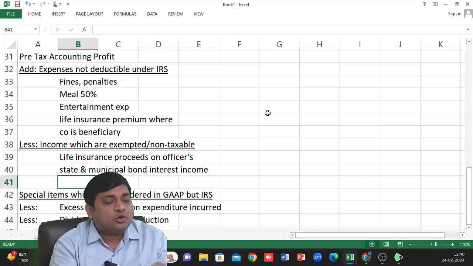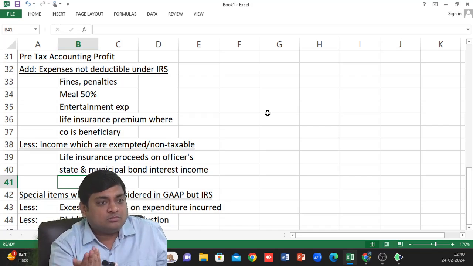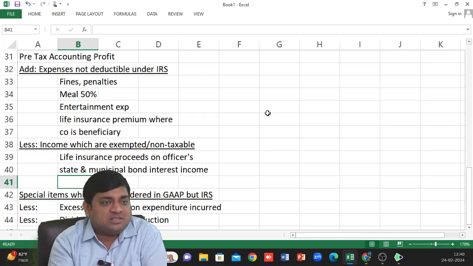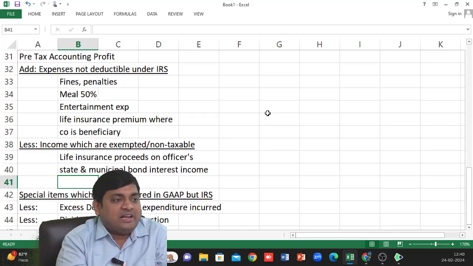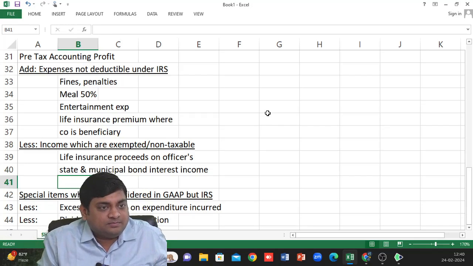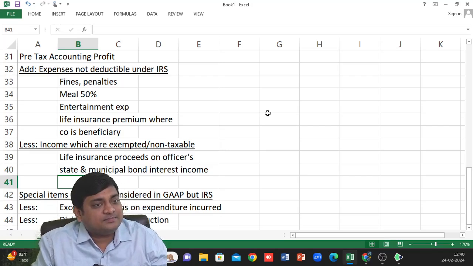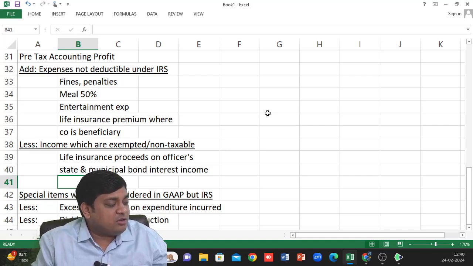Reversal means today not allowed, tomorrow allowed. Today allowed, tomorrow not allowed. This is reversal. Today not taxable, tomorrow taxable. Is it fine, I guess? I think this is absolutely okay with all of you.